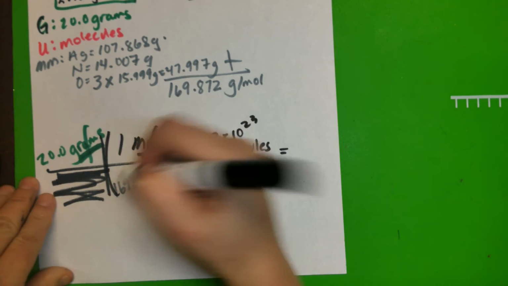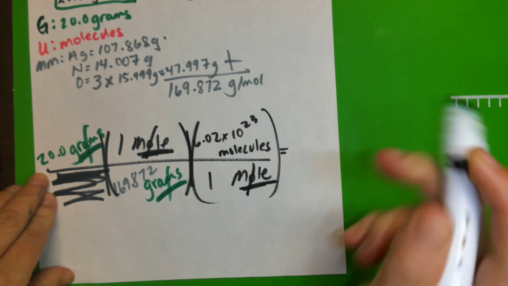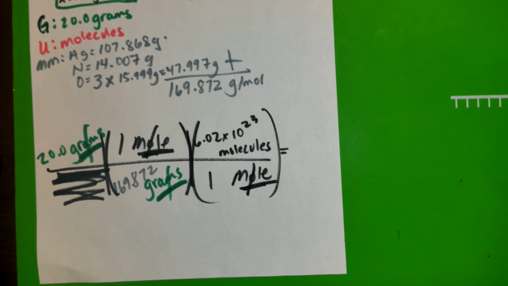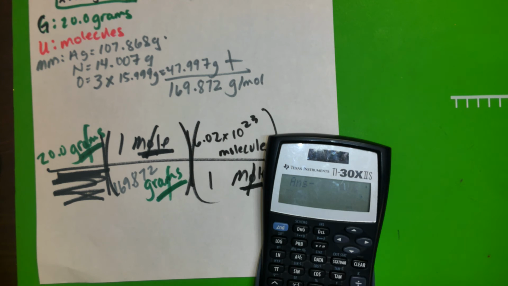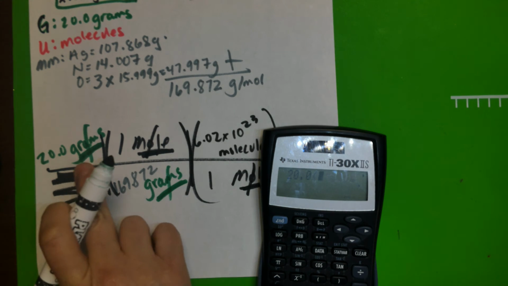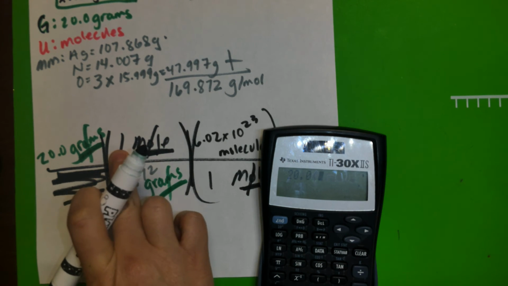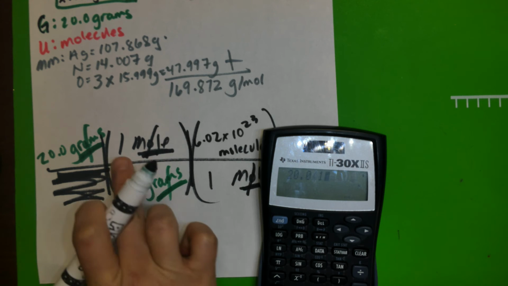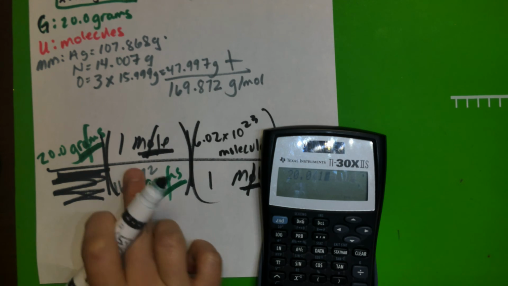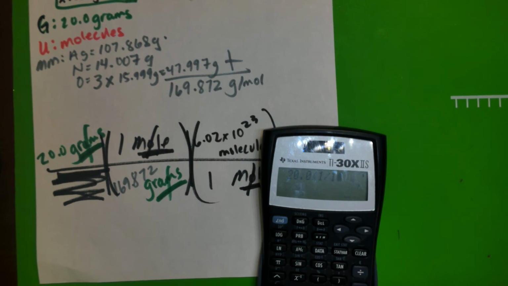Now we're ready to put it in the calculator. Keep in mind that we have parentheses here, just like the other problem I showed you. So it's 20.0 grams, and then you put a parenthesis, and then 1 is first because it's on the top, divided by 169.872.